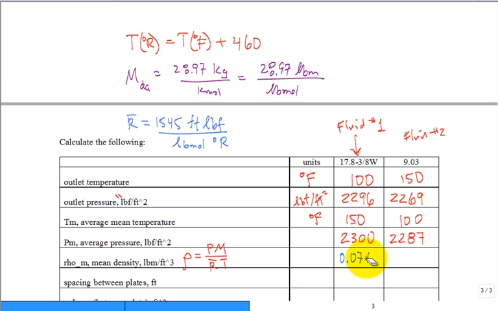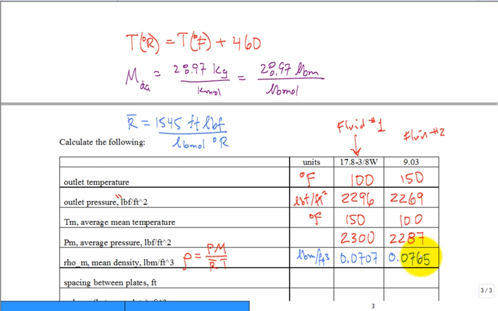So what do you get? 0.0707. That's pound mass per foot cube. And then how about for the density of the second fluid? 0.0765. That looks about right.